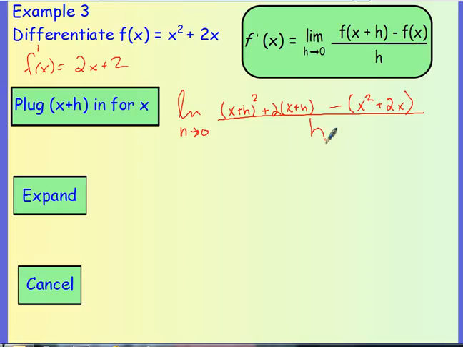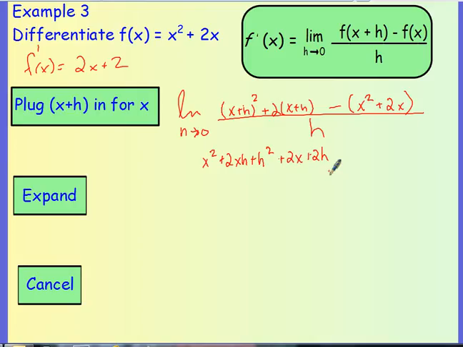Here I have to square, but we have it in our pocket. Is everybody good with that? And then here I'm just distributing, so that's going to be plus 2x plus 2h.